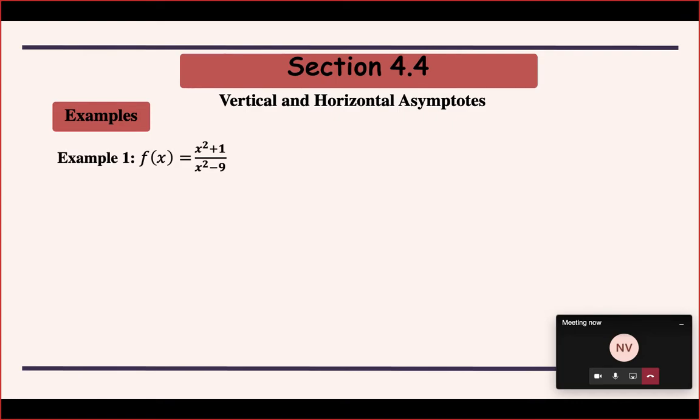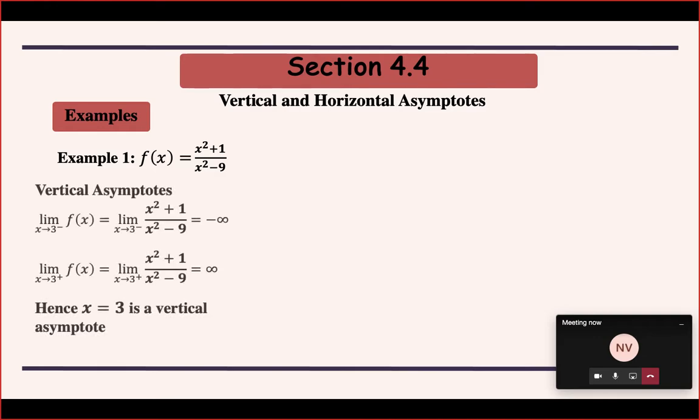This is an example. I think we discussed this. So just tell me what all asymptotes we can have. Vertical asymptotes. What is that number? 3 and minus 3. You can check the limits for this function when x is less than 3 and bigger than 3, so 3 minus and 3 plus. When you take x tending to 3 minus, the expression in the denominator gets smaller and smaller, but it is negative, so the limit is minus infinity.